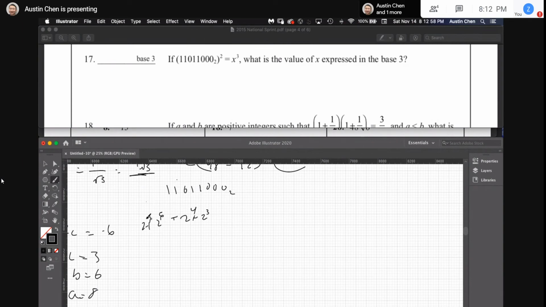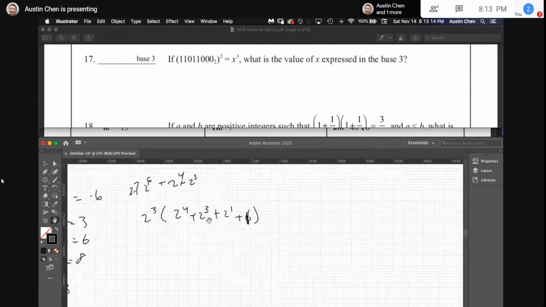So we can just find what this is. Or maybe to make it a little bit simpler, factor out a 2 cubed from all of them, and then we find the sum. This is just 3 plus 8, which is 11, plus 16, which is 27, and this is 2 cubed.